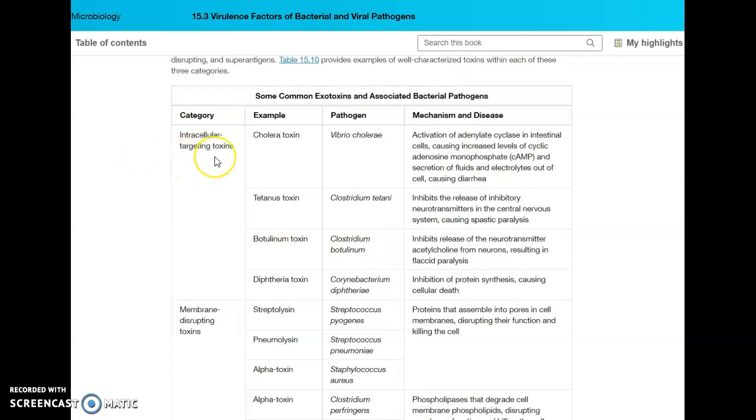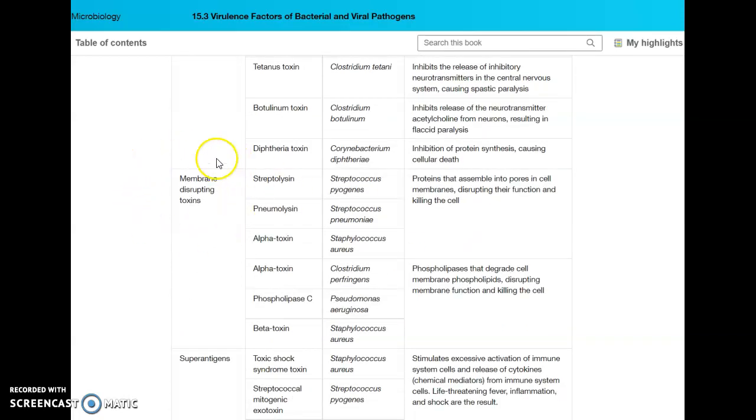If we look at our intracellular targeting toxins, these are going to target something inside the cells, inhibiting neurotransmitter release or inhibiting protein synthesis. Membrane disrupting toxins are going to do something to the cell membrane, either degrading it or poking holes in it, somehow killing the cells.